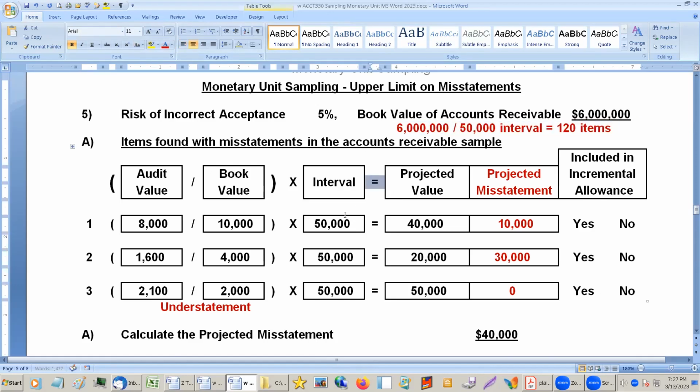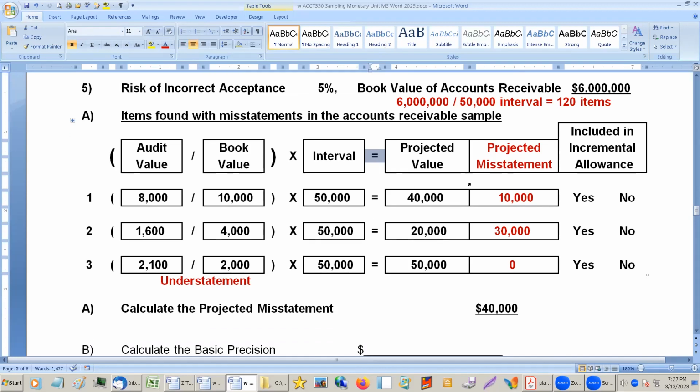So 120 items, there's 2 of them that were wrong, and they're off by 40.